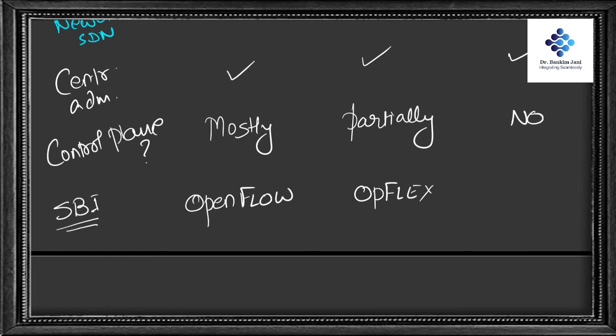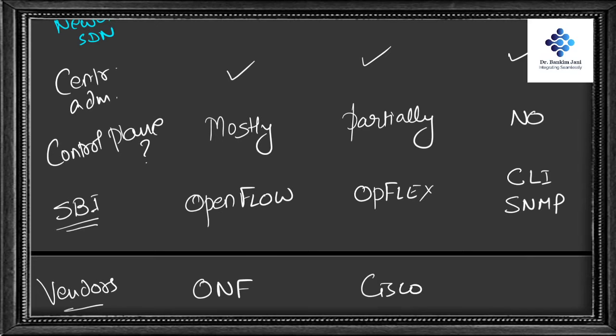They will be able to understand just this. What is that? Command line interface. They'll be able to understand SNMP. So that's how it went. Regarding vendors, this was by ONF, the Open Network Foundation, and obviously these things were by Cisco.